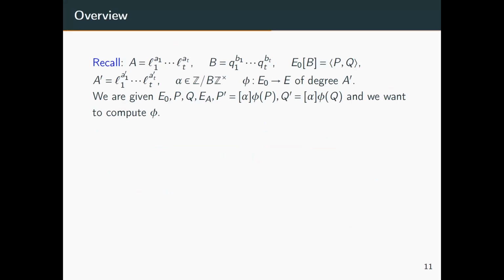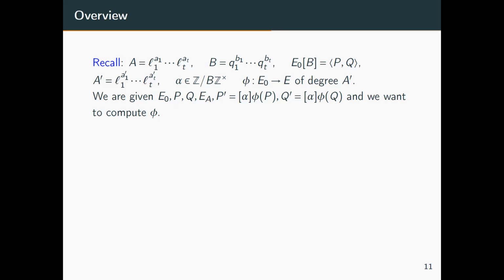Okay, so thanks Tomoki for the first part. I'm now going to talk about the second part, which is analysis. So we will start with the masked degree SIDH. We recall that in the masked degree problem, you have this A, which is L1 to the e1 up to Lt to the et, and you have B, and you have an isogeny of non-fixed degree A prime, and you also have the image of torsion points up to a scalar, and you want to recover the secret isogeny.